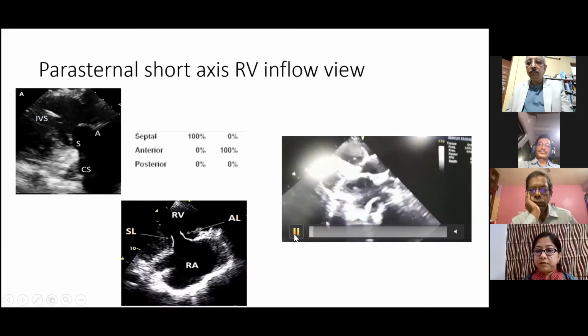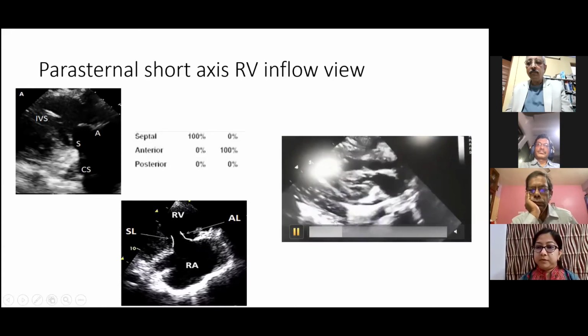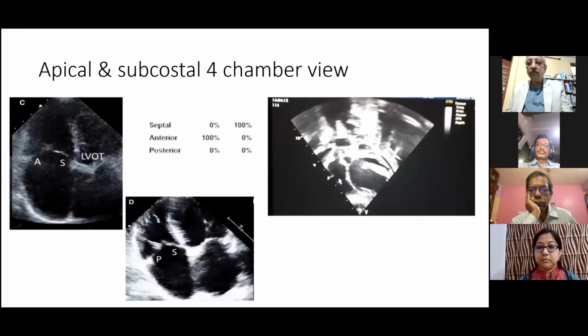Now, after the RV inflow view, we come to the apical views. In the apical view, with the RV part being separated, we get to see the septal leaflet mostly, and the other leaflet seen in 100% of cases is the anterior leaflet. In 25 to 30% of cases, we get to see the posterior leaflet also.